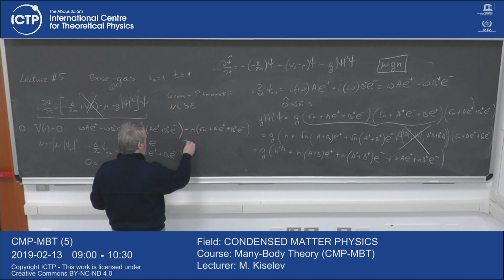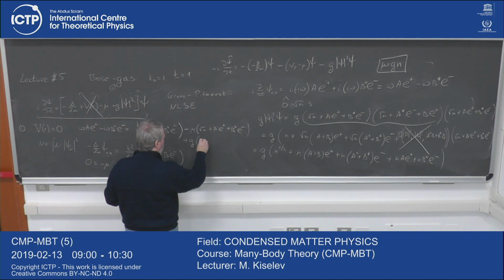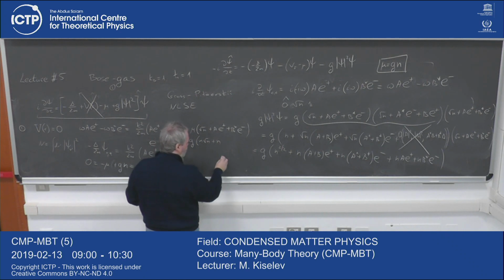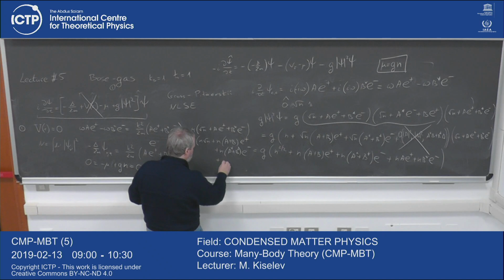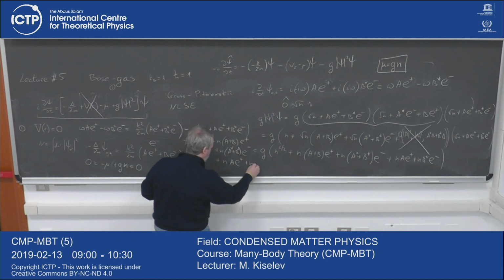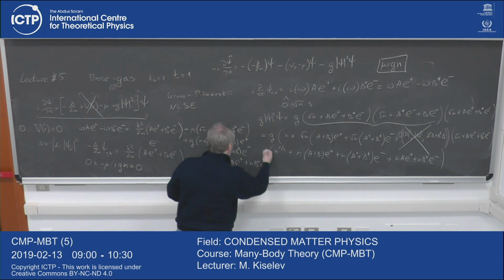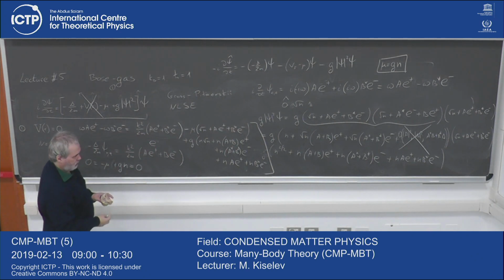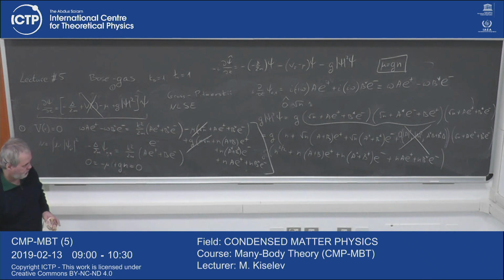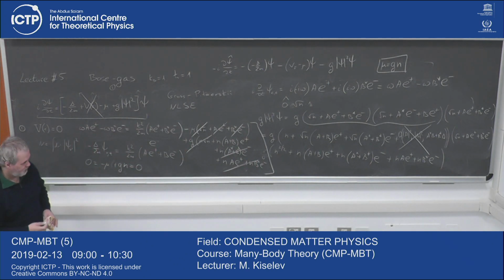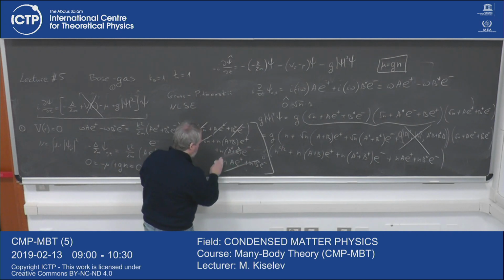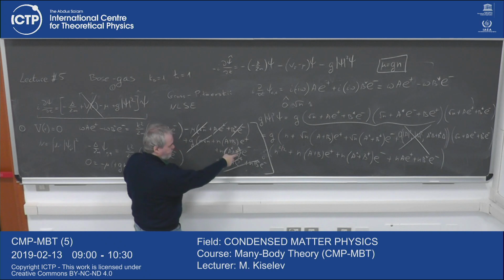So this is this term plus g, n square root of n plus n a plus b e plus n a star plus b star e minus plus n a e plus n b star e minus. So now from this condition, this term and this term cancel out, right? And also this term and this term cancel out. So sorry, not this. This term and this term cancel out. And what remains are these two terms.